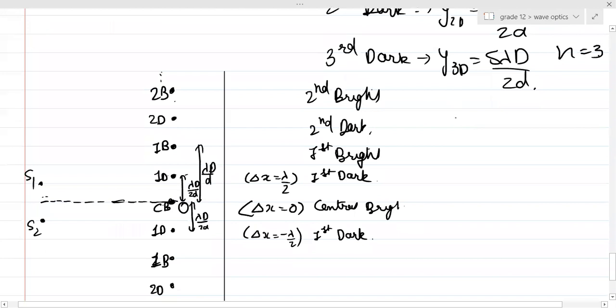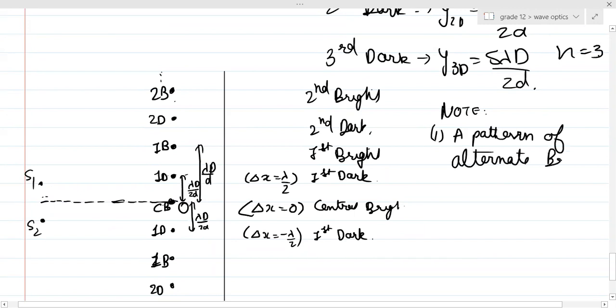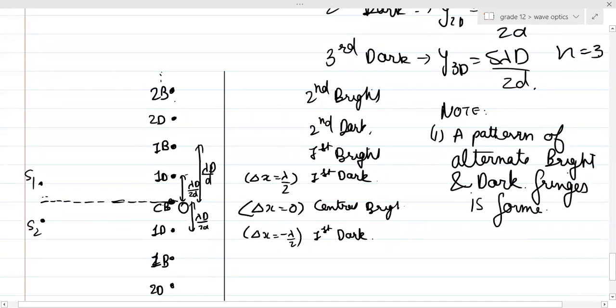Two things to note. First point is a pattern of alternate dark and bright fringes is found. So, guys, can you see alternate bright and dark fringes is found, right?